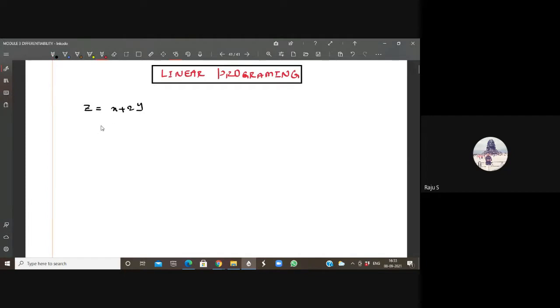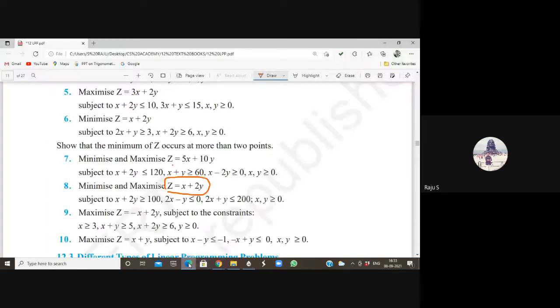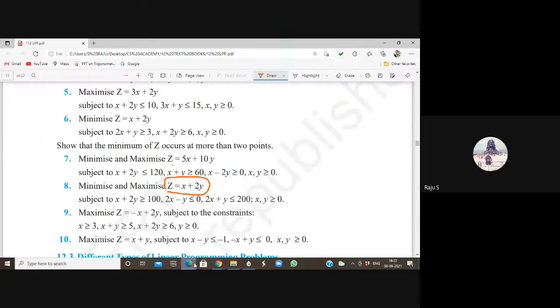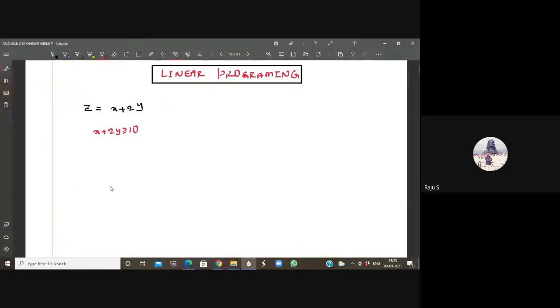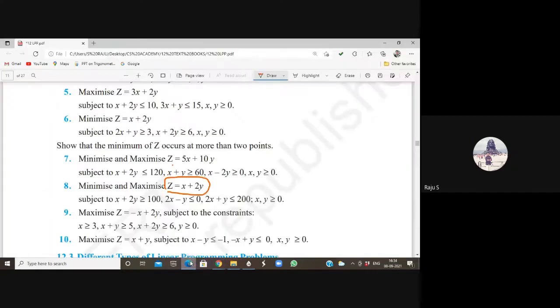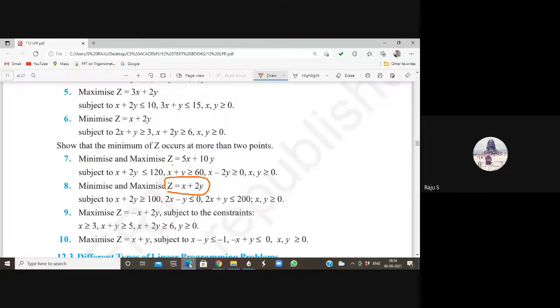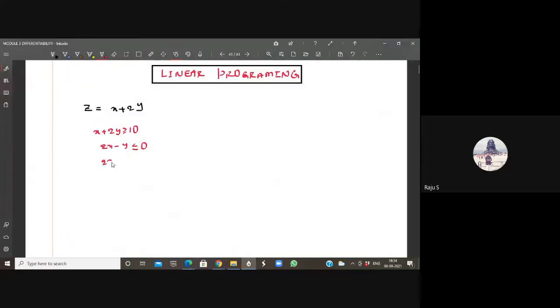Constraints, inequalities. x plus 2y greater than or equal to 100, and the second one is 2x minus y lesser than or equal to 0, and the third, 2x plus y is lesser than or equal to 200. Here x greater than or equal to 0, y greater than or equal to 0.